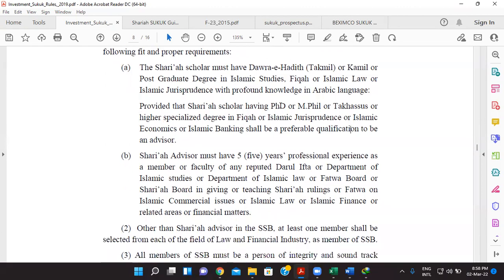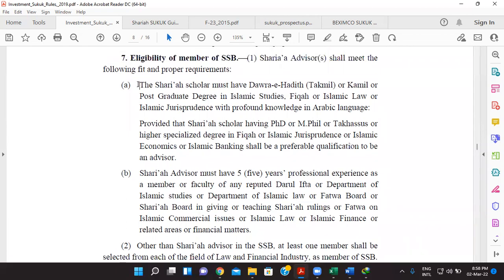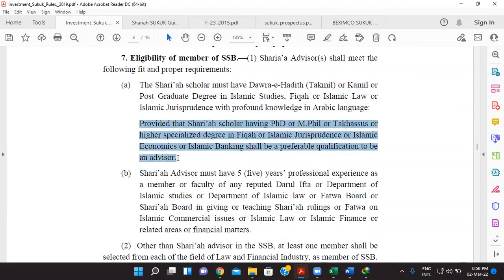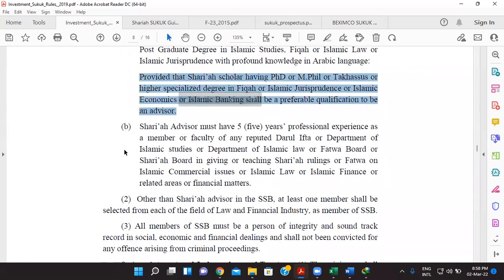Provided that a Shari'ah scholar having a PhD or MPhil or Takhassus or higher specialized degree in fiqh or Islamic jurisprudence or Islamic economics or Islamic banking shall be a preferable qualification to be an advisor. So the first paragraph indicates the primary requirement, and the secondary requirement has been explained in the second paragraph.